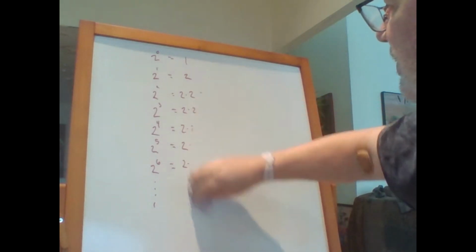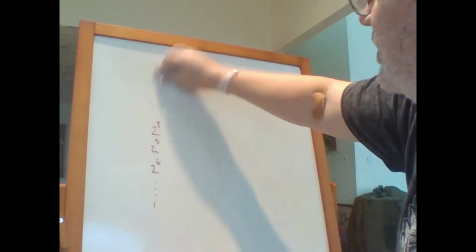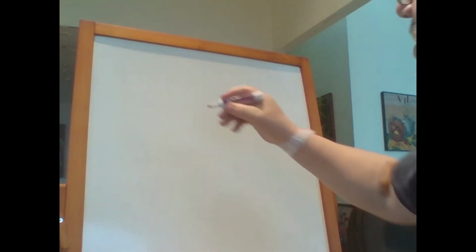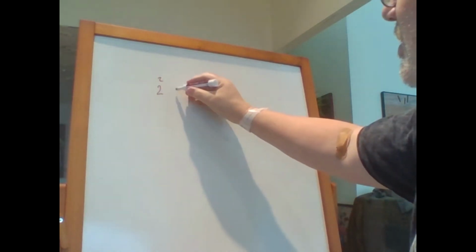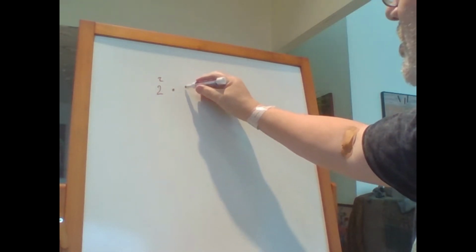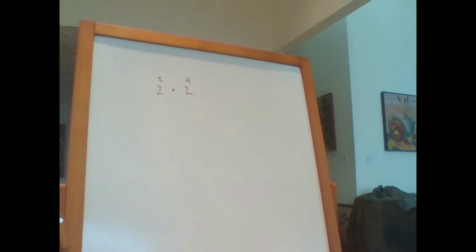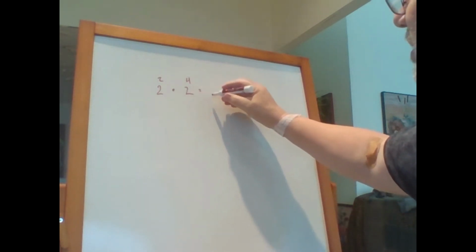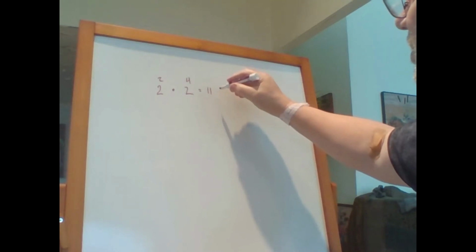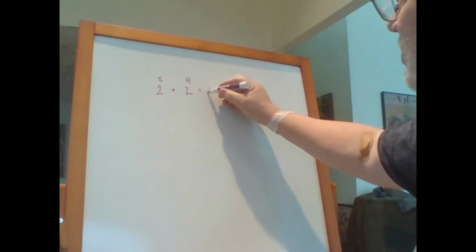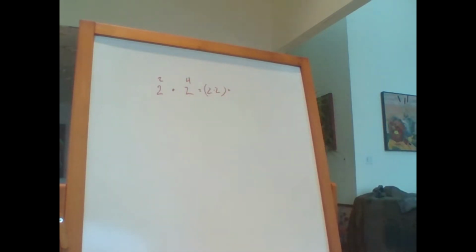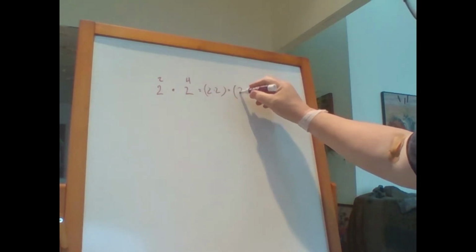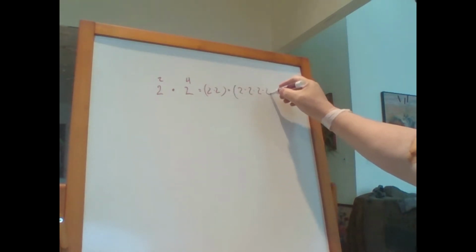So if we then say we have 2 squared times 2 to the 4th, that is, let's put it this way, 2 times 2 times 4 2's, 2 times 2 times 2 times 2.